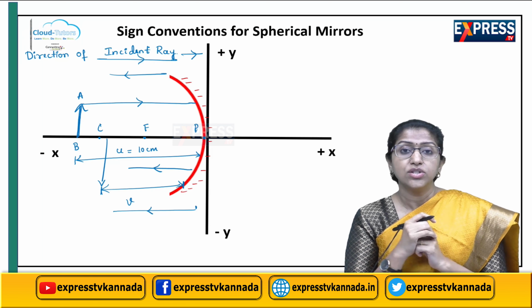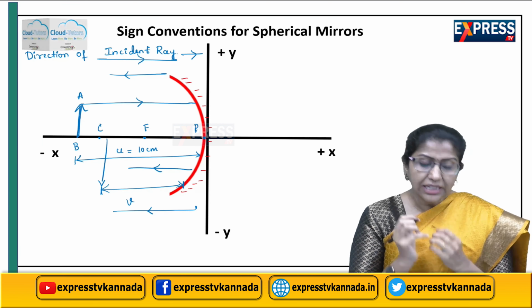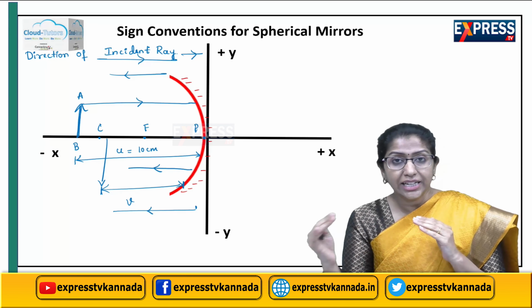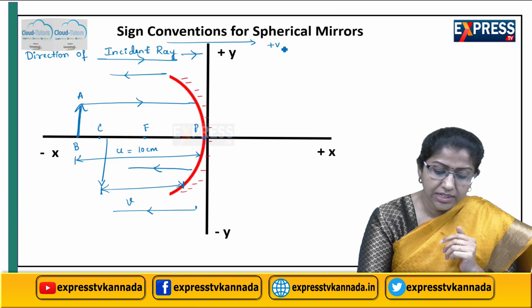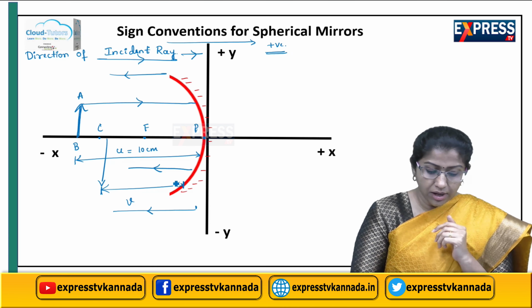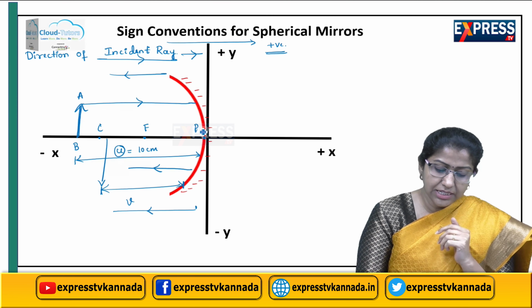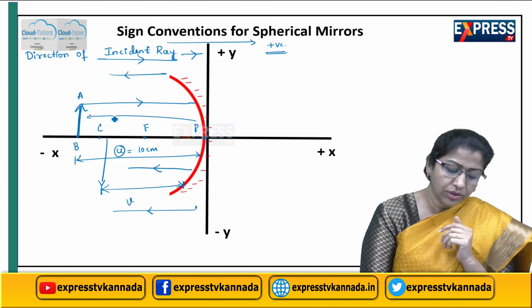What did I first say? All the distances in the direction of the incident ray have to be taken positive. But when I have to measure the object distance, I have to start from the pole to the object, which is in the opposite direction to the incident ray.